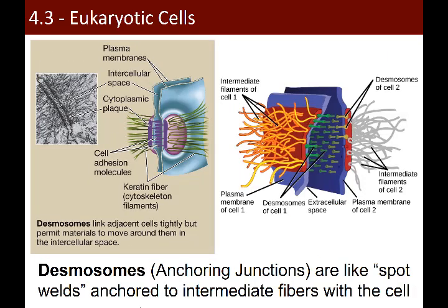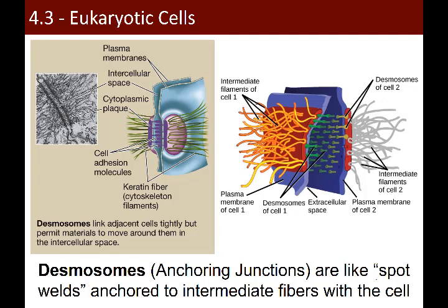The next type of junction is called a desmosome, and desmosomes are anchoring junctions. These are going to be tight areas where we anchor the plasma membrane of one cell to the plasma membrane of another cell. These are kind of like rivets or spot welds.